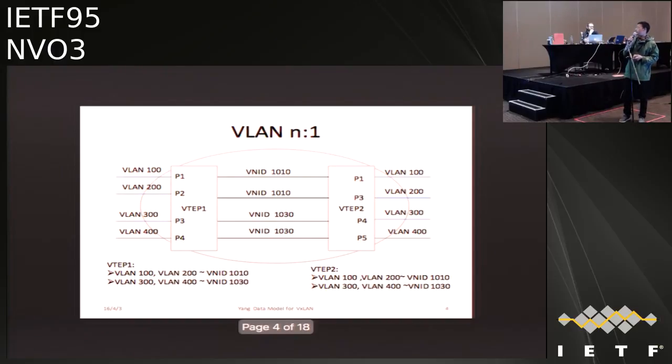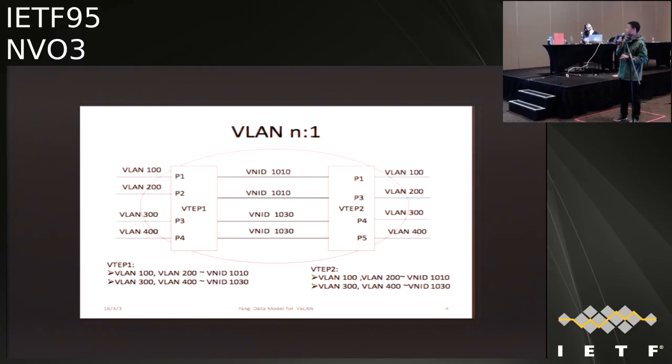So next is the VLAN N to 1. For VTEP 1, we have VLAN 100 and VLAN 200 mapping to VNID 1010, and VLAN 300 and VLAN 400 mapping to VNID 1030.